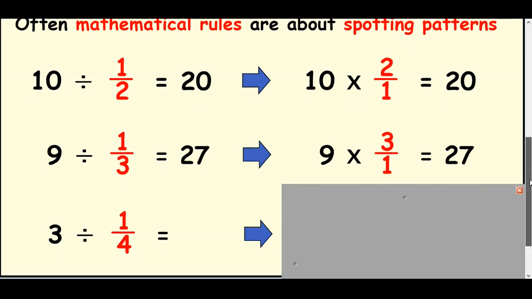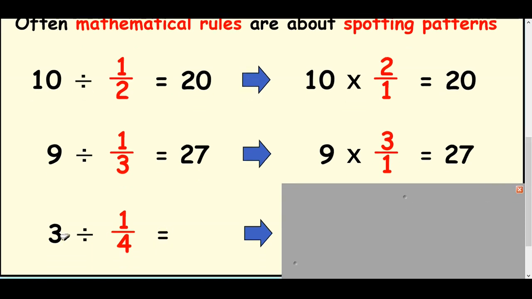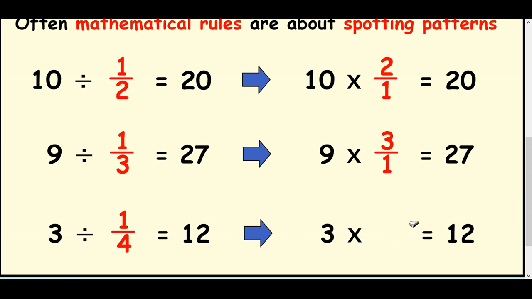And the last one here, how many quarters are in 3? Well, 4 quarters make up a whole, and you need 3 lots of those 4s, and that's 12. So essentially you're doing 3 times 4. We're flipping the fraction over, aren't we?